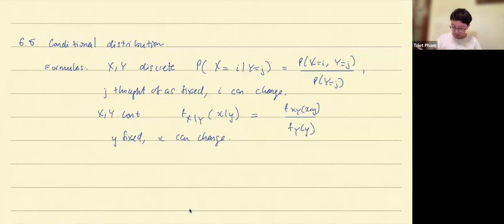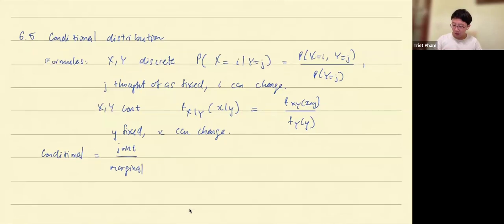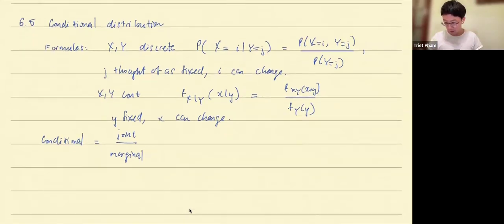So I guess the first thing is to remember that the theme is conditional is joint over marginal. And then the second thing, besides of course just applying the formula, is to remember that a conditional distribution is a proper random variable or distribution in and of itself.